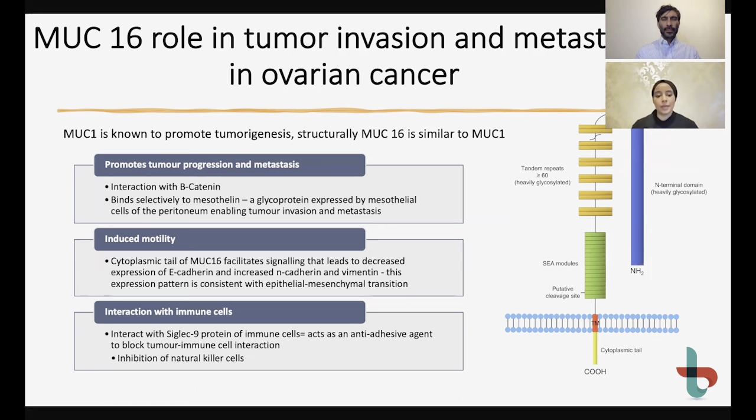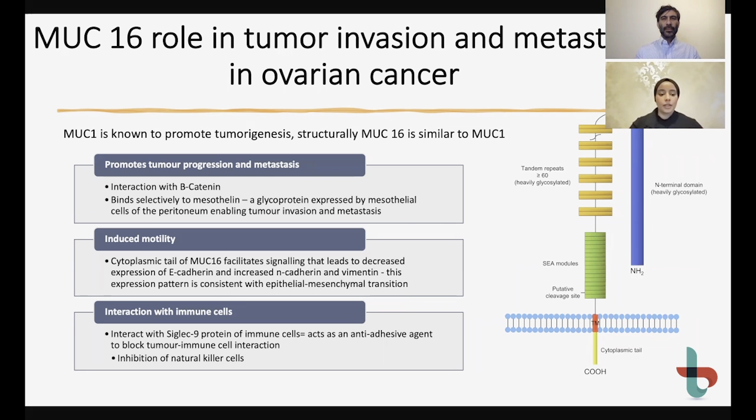In terms of promotion of tumor progression and metastasis, mucin-16 does this through various mechanisms. It interacts with beta-catenin, which is involved in the WNT signaling pathway, and this pathway is involved in different cellular processes which promote things such as migration and invasion. It also selectively binds to mesothelin, which is a glycoprotein expressed by mesothelial cells of the peritoneum, and this enables the tumor cells to stick to the peritoneum and helps tumor invasion and metastasis.